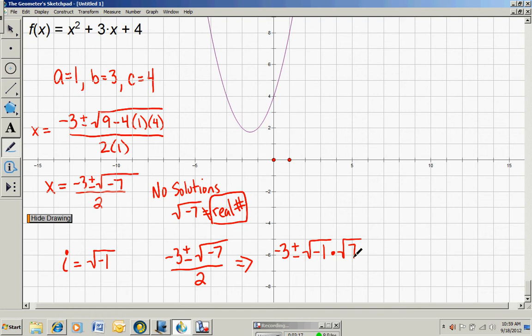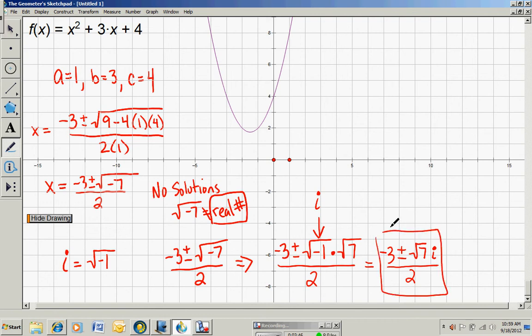Now that makes sense because if you do the square root of negative 1 times square root of 7, you get the square root of negative 7. All divided by 2. And that simplifies to negative 3 plus or minus the square root of 7 i, all divided by 2. All I did was I replaced this term with the imaginary unit, which we're calling i. And now I've got my expression.